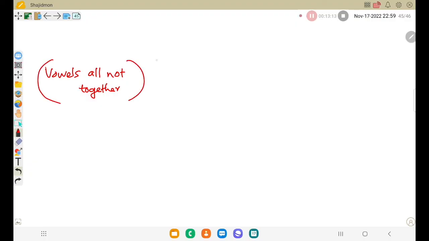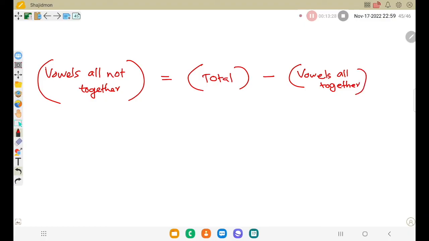Okay, vowels all not together means what do we do for that? Total number of ways minus vowels all together possibility. Correct? So you can check what number we get. Vowels not together equals total minus vowels together.